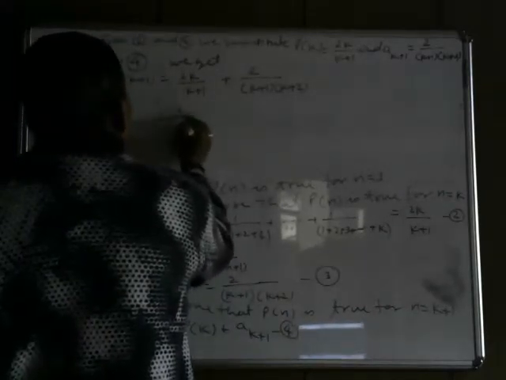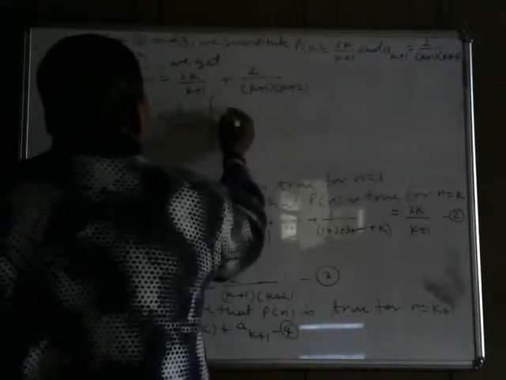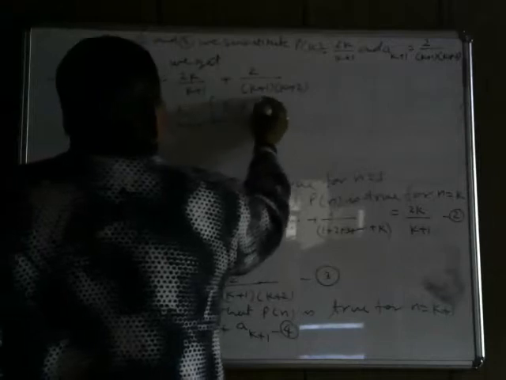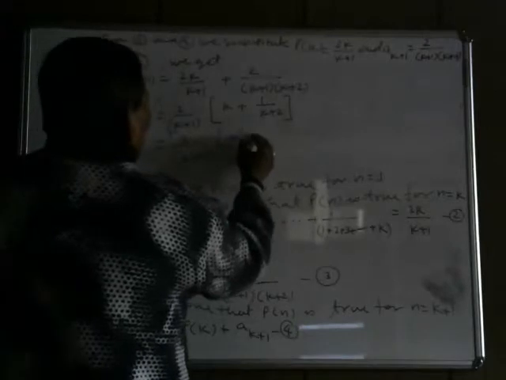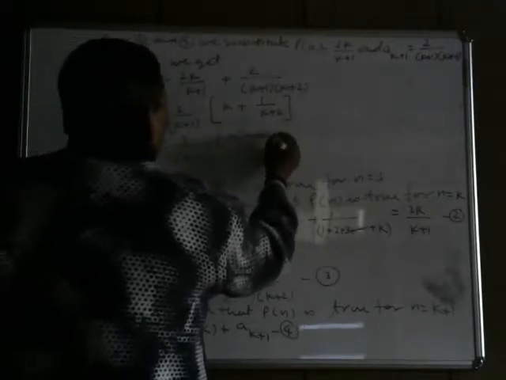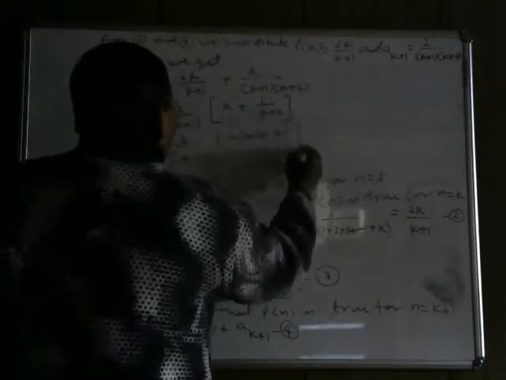So this can be written as 2 upon k plus 1 is common, in bracket k plus 1 upon k plus 2. So you can write 2 upon k plus 1 into k square plus 2k plus 1 upon k plus 2.